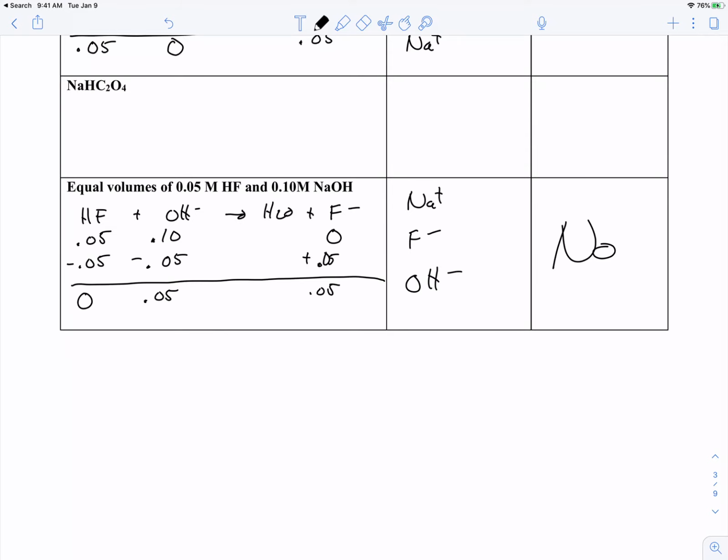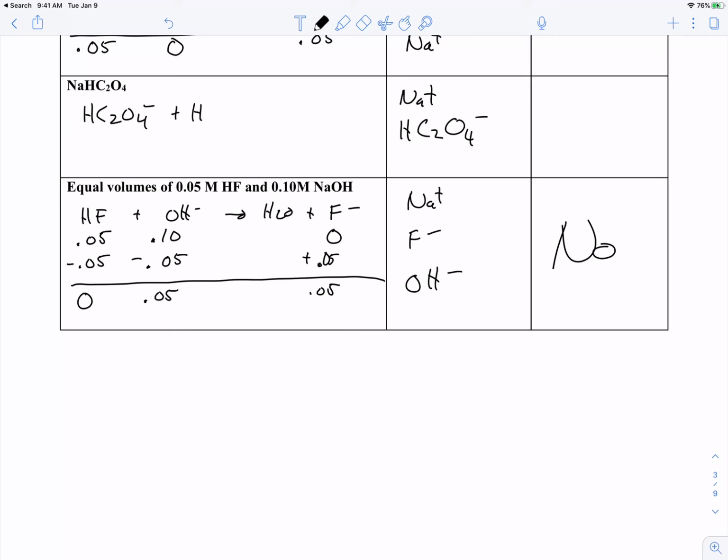Okay, in this case, sodium monohydrogen oxalate, is it a buffer? Well, our particles present are sodium and the monohydrogen oxalate ion.